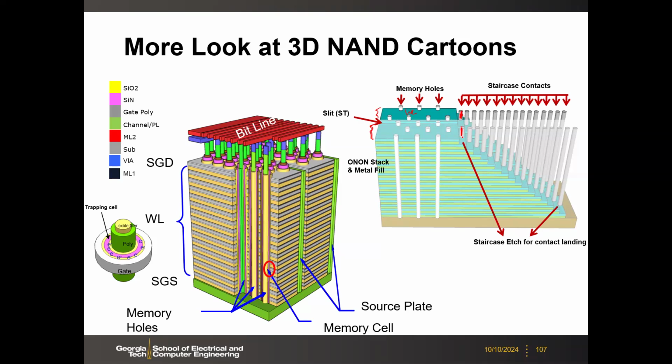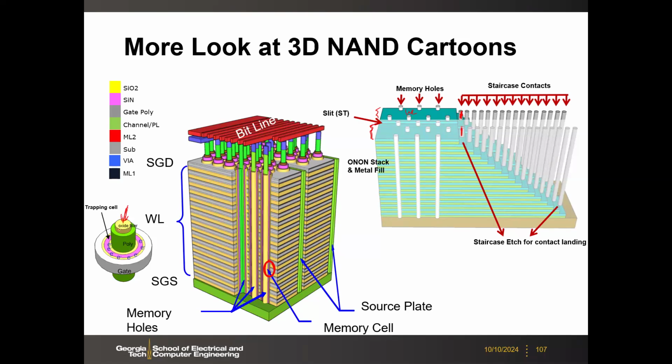Okay. So here, if you zoom in to this one cell, this is how it looks actually. So there is an oxide filler. This is a later change to the initial design by Toshiba.